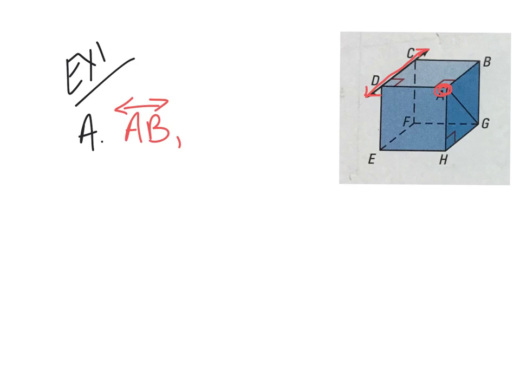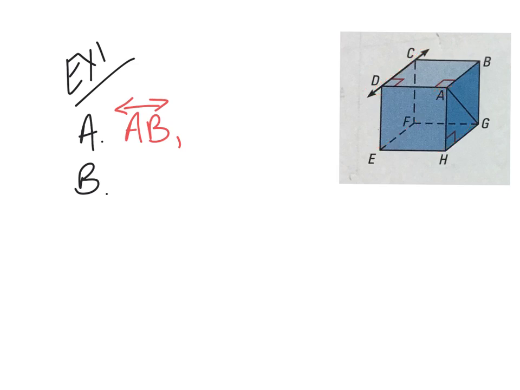Nope. Are there any more that are parallel to DC, just for fun? HG would be one. EF would be one. But it wants the 2 qualifications of it's parallel to CD and it contains point A. So AB is our only solution. Okay, let me erase these.